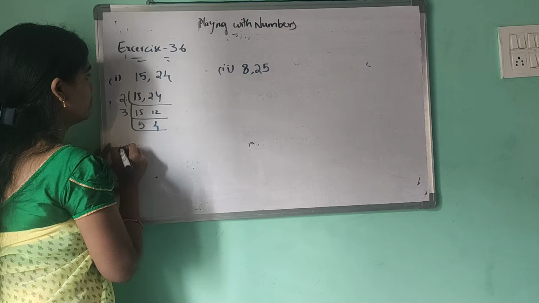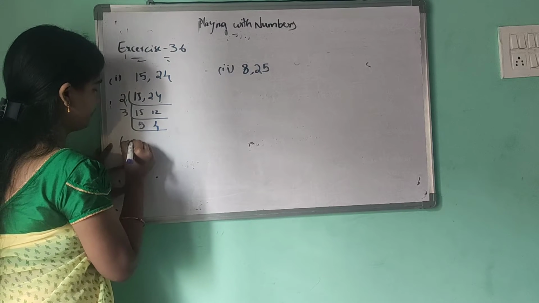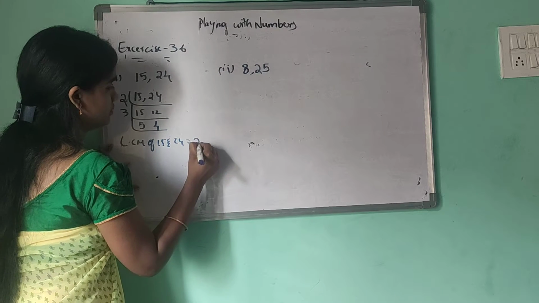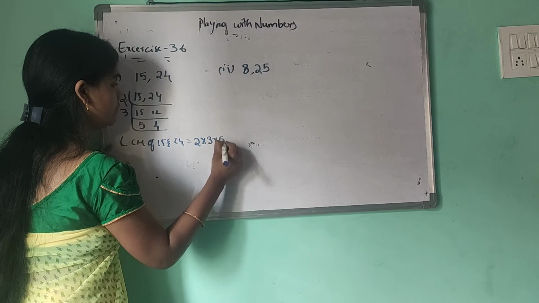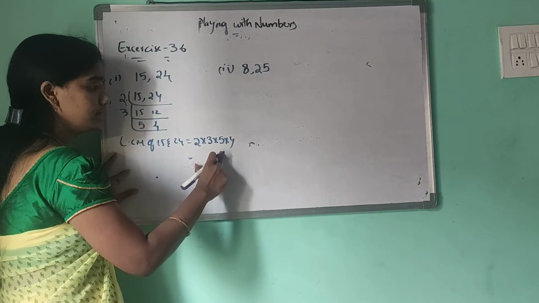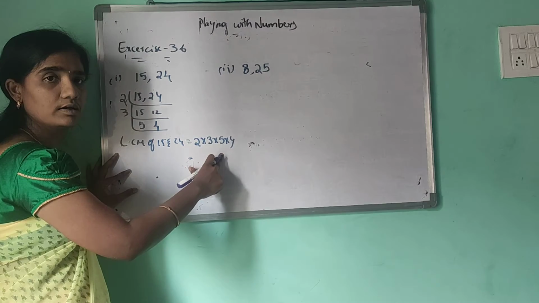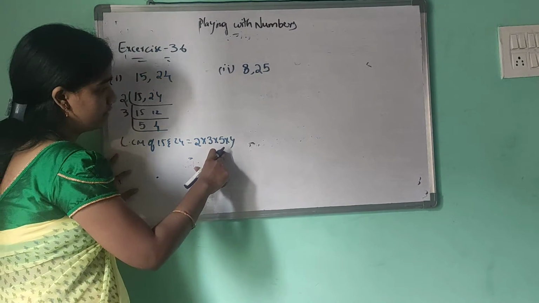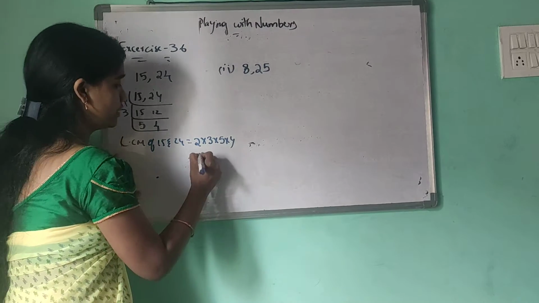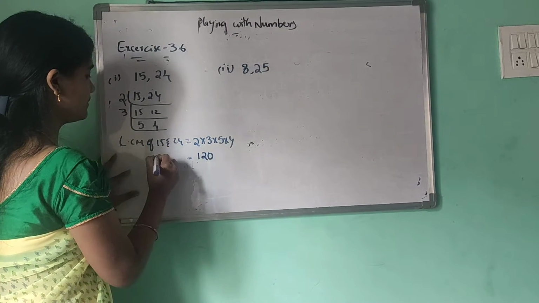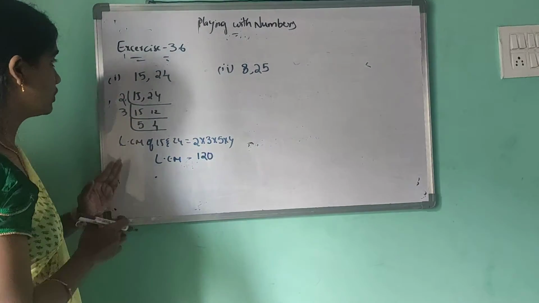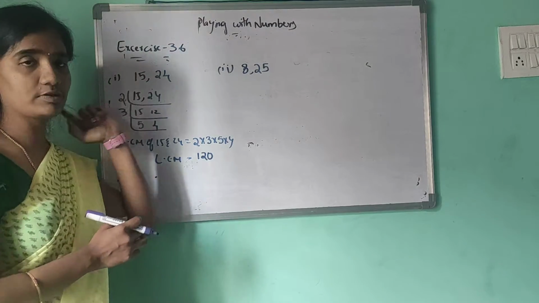So the LCM of 15 and 24 equals 2 into 3 into 5 into 4. 2 3s are 6, 6 5s are 30, 30 into 4 is 120. So the LCM is 120.